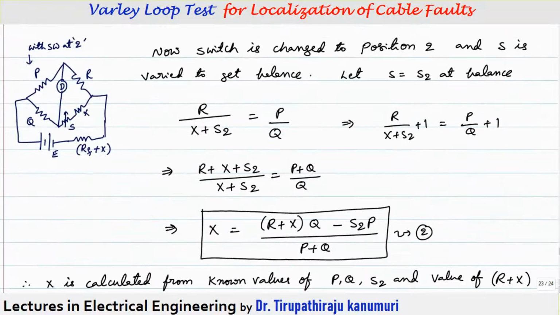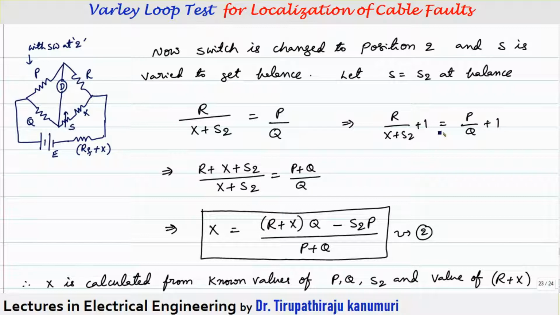Now when connected to position number 2, the equivalent diagram I have redrawn here. Under balance condition, S will be equal to S2. So R divided by S2 plus X is equal to P by Q. Now I am adding 1 on both the sides. So R divided by X plus S2, plus 1, is equal to P by Q plus 1.